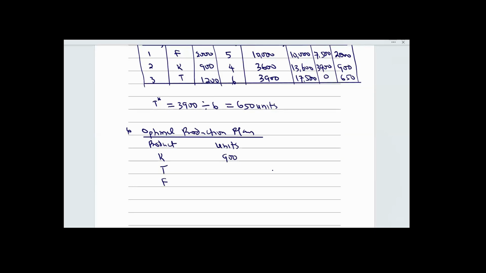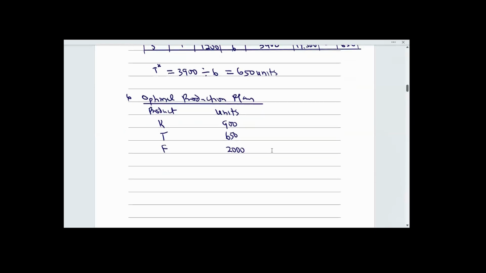For T, we are producing 650. And then for F, we are producing 2,000. So that's what the examiner asks you to do in that B part. So we are done with number B. 9 marks, you pocket it. Within few minutes, you are done. Then let's move to number C.